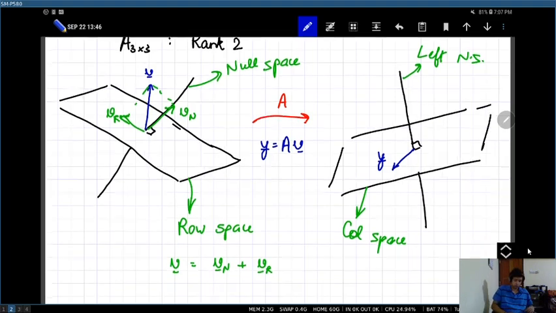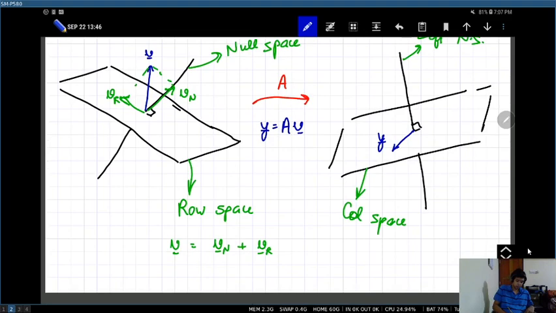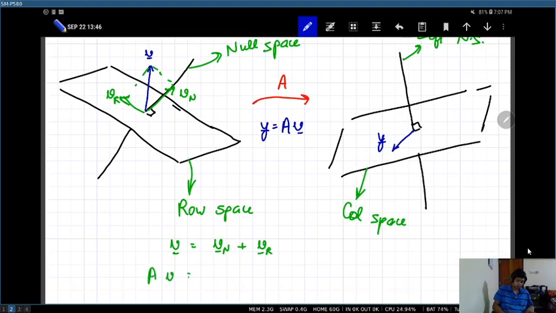So if you look at A times V, by linearity this is A times Vn plus A times Vr, but Vn is in the null space of A, so A times Vn is equal to 0, so this is A times Vr.